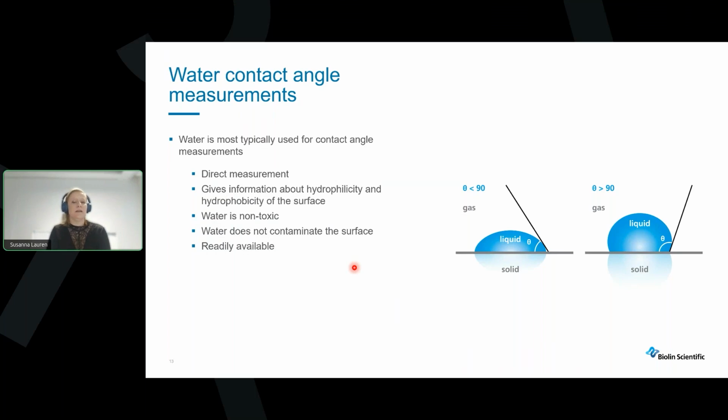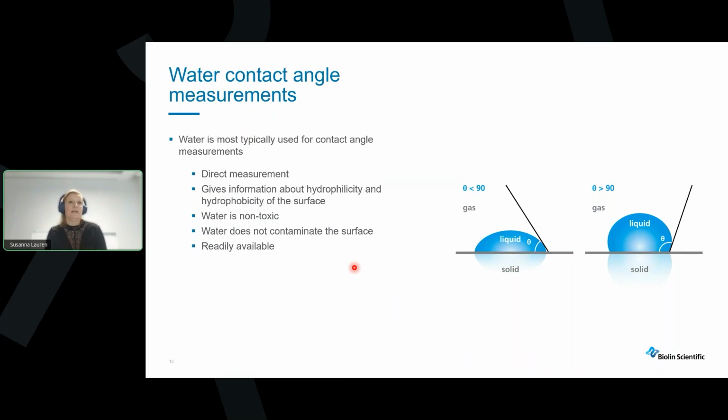The purpose of surface free energy measurement is often to distinguish between the polar and dispersive parts, but because the liquid already has both of those parts, it will have both of the interactions with the surface.